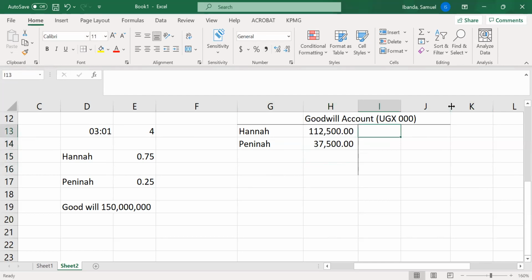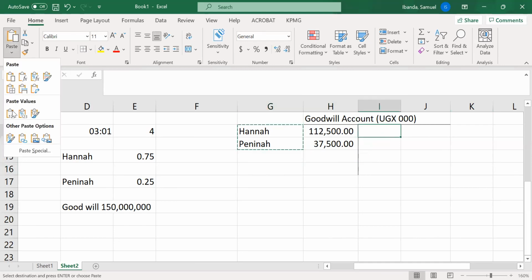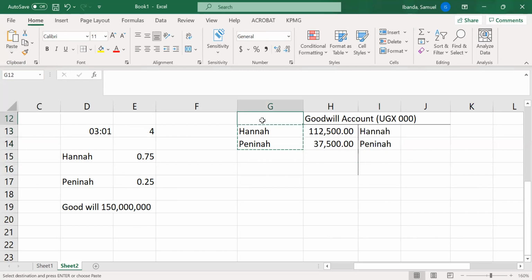After that, I'll look at the three partners. I'm going to look at Hannah on the credit side, because this is the debit side of your goodwill account. On the credit side, I'm going to look at how this is shared amongst the three partners.